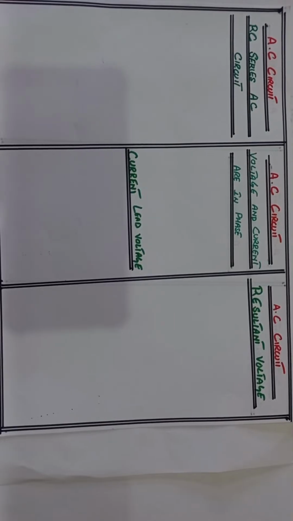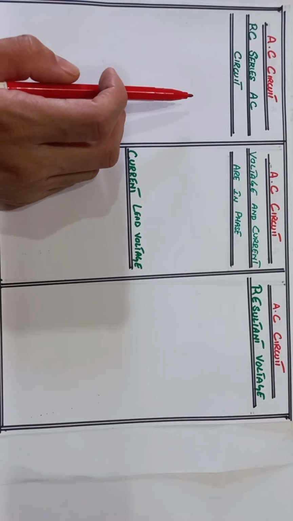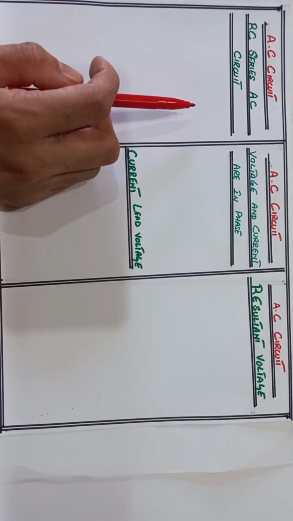In the RC AC circuit we take the resistor R in series with the capacitor. Last lecture we discussed the RL series AC circuit, in which we take the resistor R in series with the inductor.